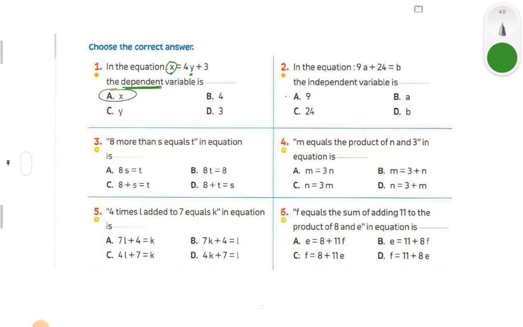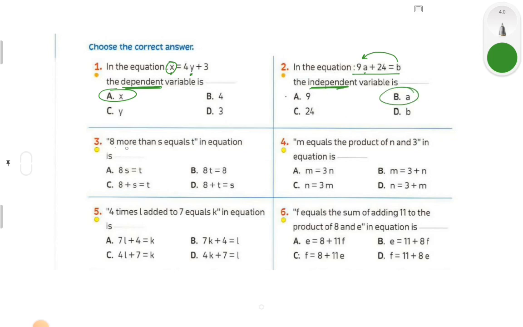In this equation, which one depends on the other? Of course, b depends on a. Every time you change a, b will change too. So b depends on a, so a is the independent variable.